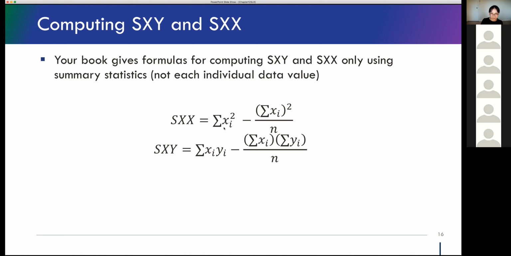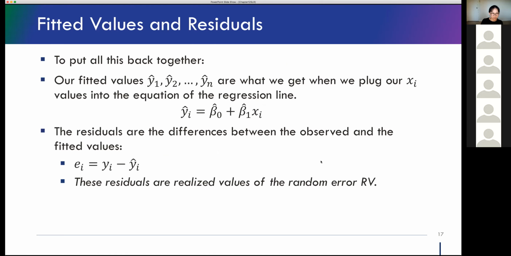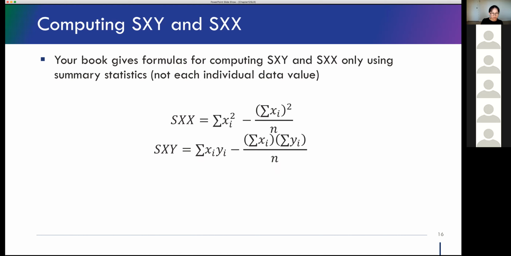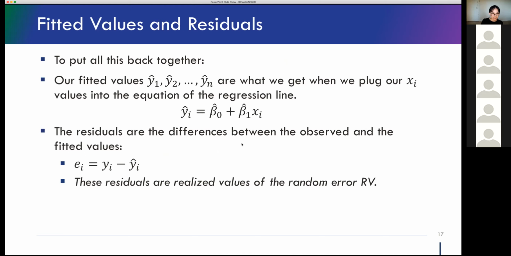So this SXX is this, and we will do this calculation in R. Before we go to R, let's hold on about the calculation a bit later.